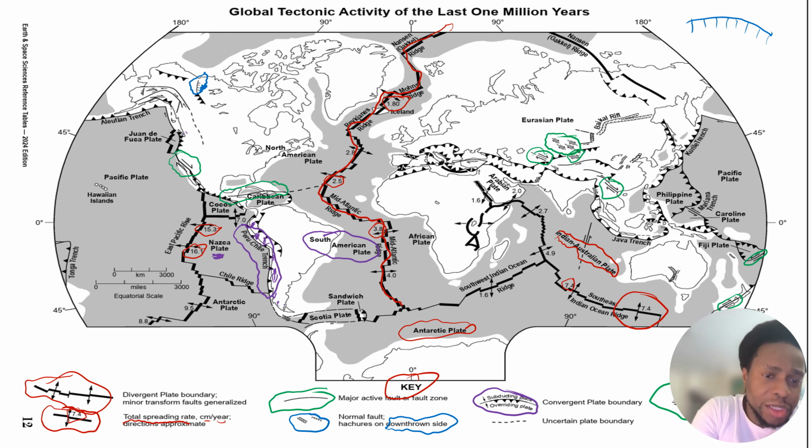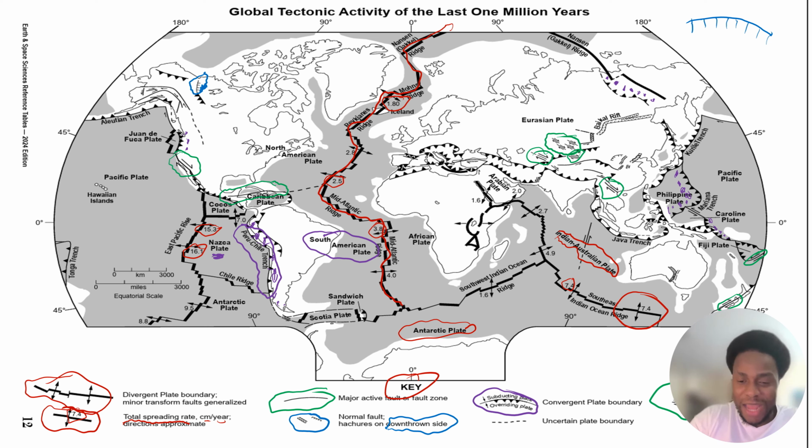The mountains will be on this side of the United States. Over here, the mountains will be on this side. So the triangles on the convergent plate boundary are always pointing towards the plate that is overriding, which is where the mountains or the highlands are going to occur. In my head, I just picture the triangles pointing towards the mountains.